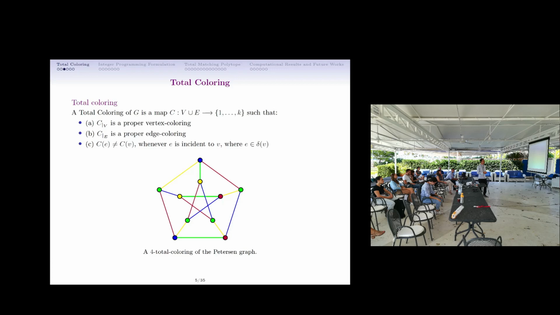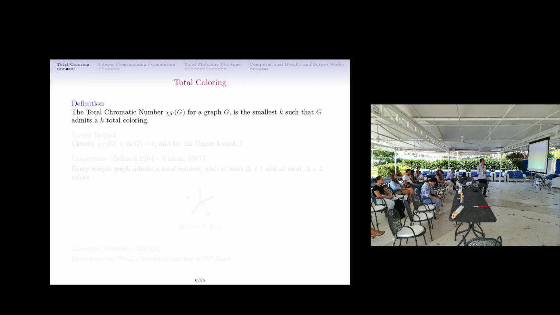Here we have a valid proper total coloring of the Petersen graph, where every vertex has 3 incident edges. The smallest number K such that G has a proper K total coloring is called the total chromatic number of G, which is the smallest number K such that G needs a valid K total coloring.